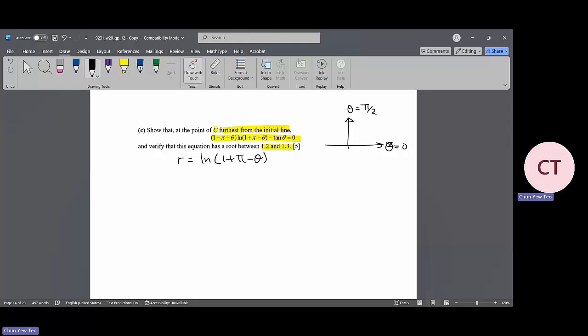To get the furthest from the initial line, that means you're looking for y max. So to look for y max, you need to make the r become y. And to make the r become y, you just need to multiply by sine theta. So you get r sine theta equal to sine theta ln 1 plus pi.